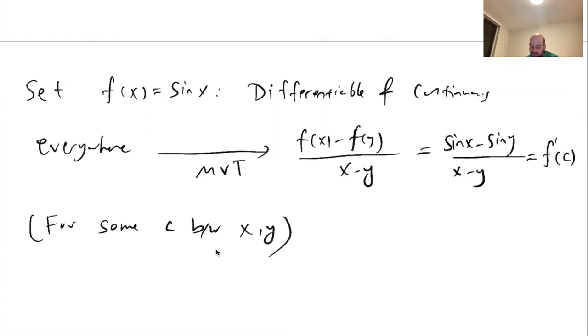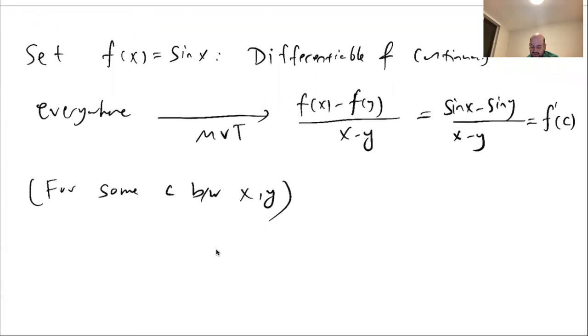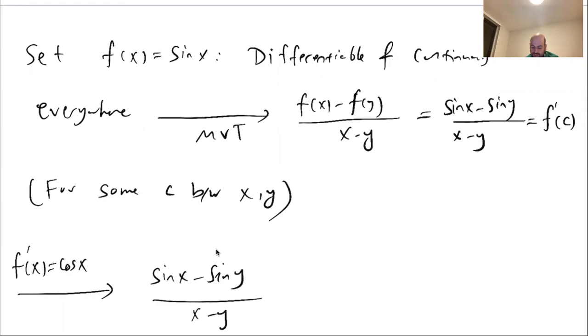But what is f prime of c? f of x is sine x. So that means f prime of x is cos x, right? f of x is sine x, so f prime of x is cos x. So I can say sine x minus sine y divided by x minus y is equal to cos c.